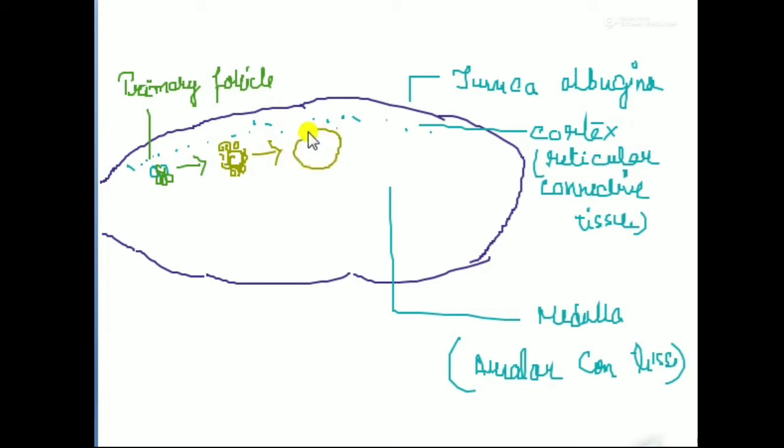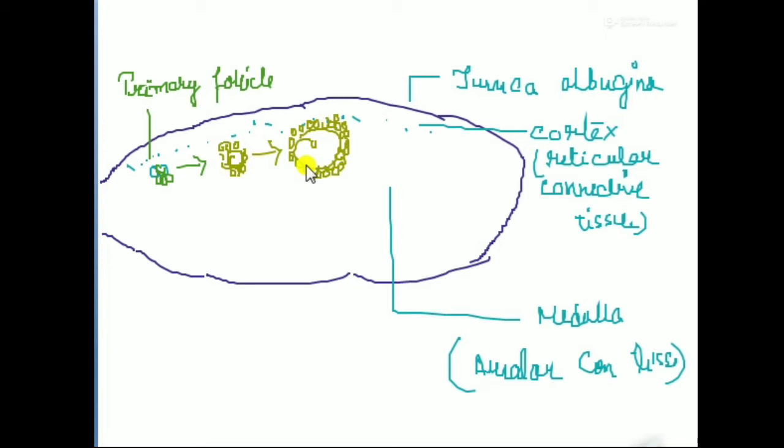Now it became a large cell surrounded by a huge mass. I am not able to draw the huge number of cells because I have restricted area and restricted time. One became bigger in size, whereas the other remains small.